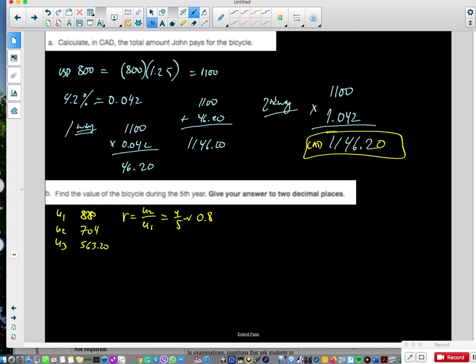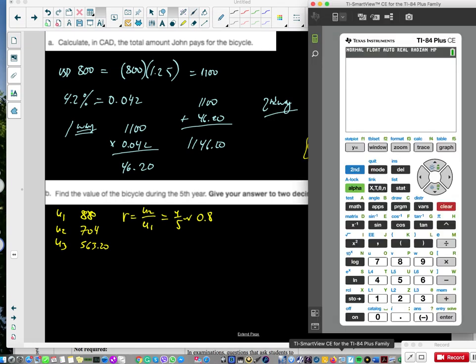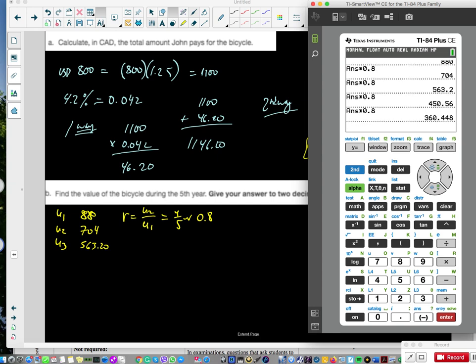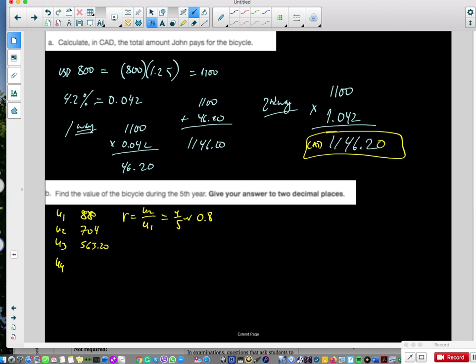So you use the calculator here: 880, enter, and you times by 0.8. So you find the next value, 704, 563.20, so 1, 2, 3, 4, 5. If you put these numbers down, U4, you will be okay without even writing any formulas.